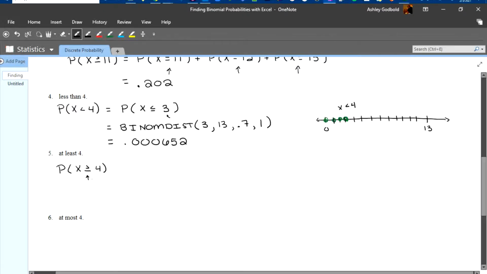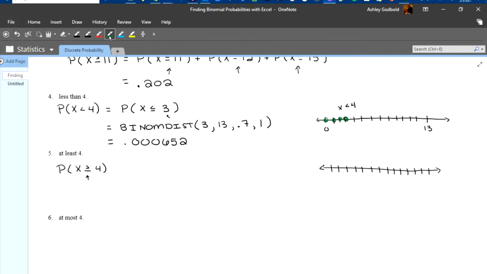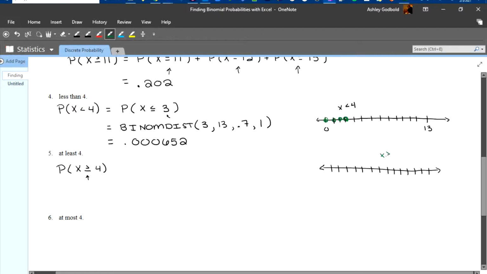Let's figure out what the complement of this would be. If it helps, you can draw a number line: 0, 1, 2, 3, 4, 5, 6, 7, 8, 9, 10, 11, 12, 13. X greater than or equal to 4 would be all of these.